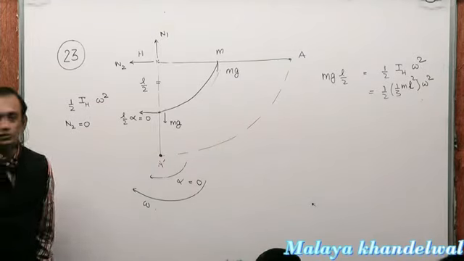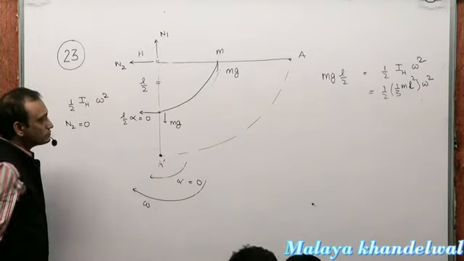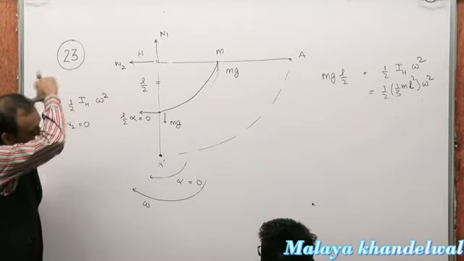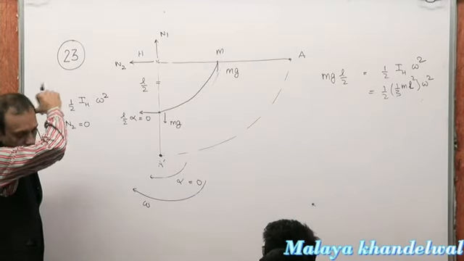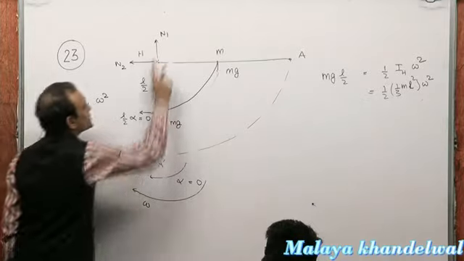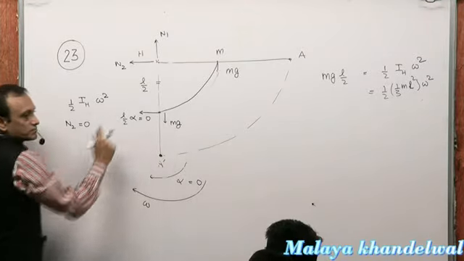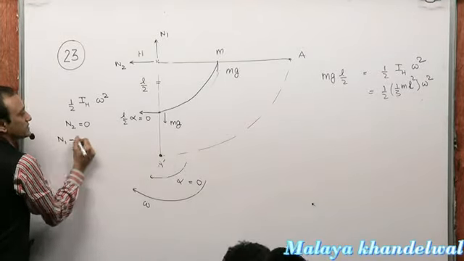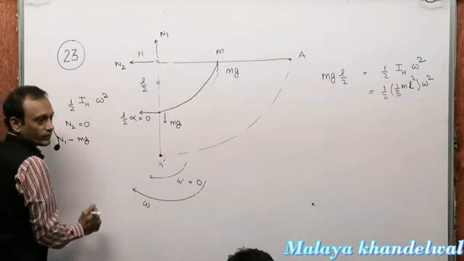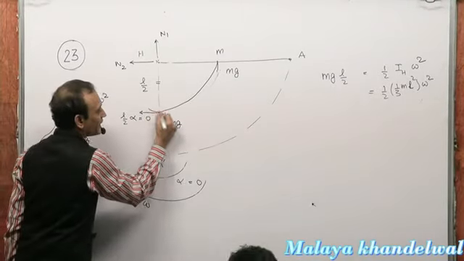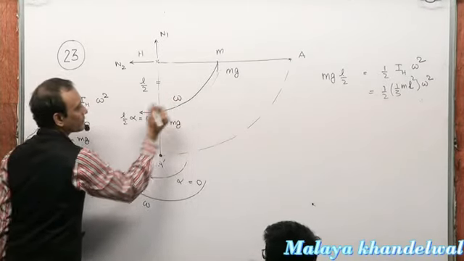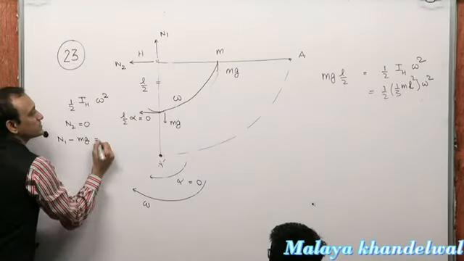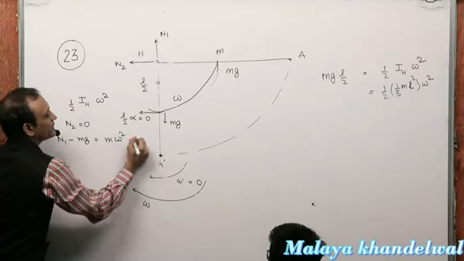Confused? No. Now, in the vertical direction, what is the net force acting upwards on the system? N1 minus mg. And it has an angular velocity omega. So would you not want to believe that this must be m omega squared times L by 2?